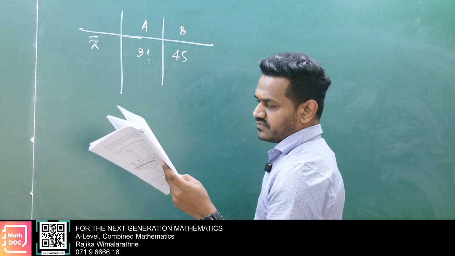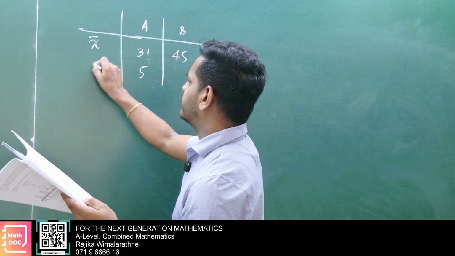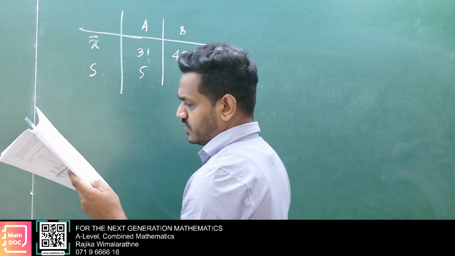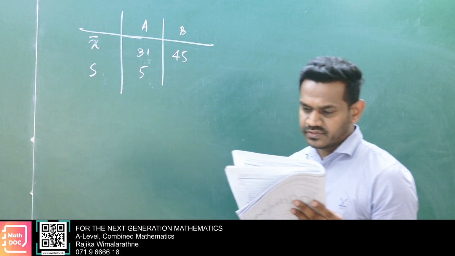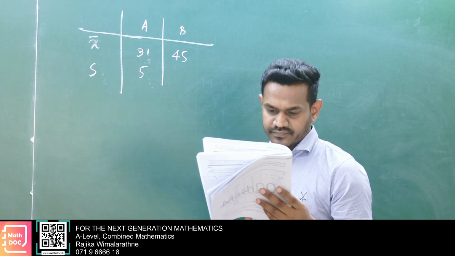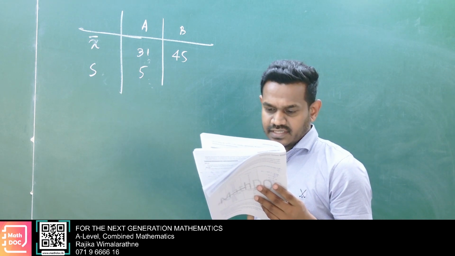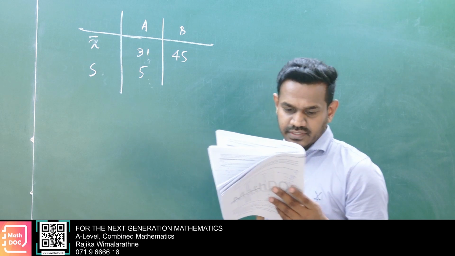The standard deviation of the distribution of the mark of school A is 5. To compare the results, the marks of school B are scaled by using a linear transformation so that the mean and standard deviation of school B are the same as those of school A.